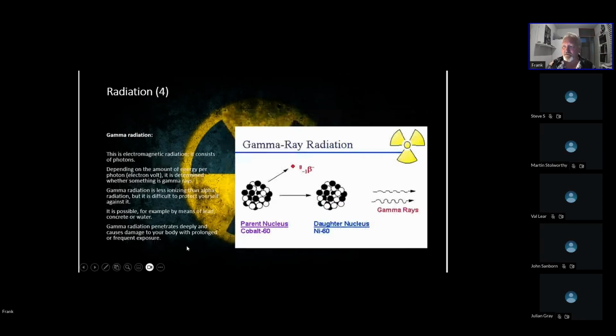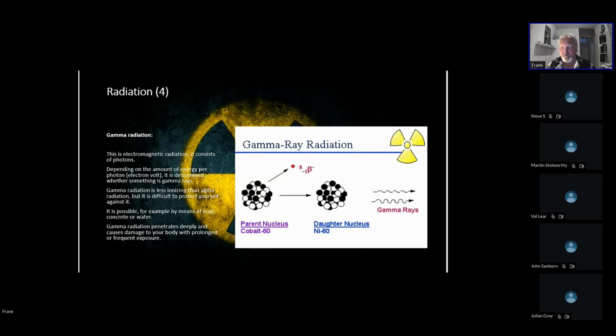And the nastiest one of them all is gamma radiation, which is electromagnetic radiation, and it consists of photons. Depending on the amount of energy per photon, or electron volt, it is determined whether something is gamma rays. Gamma radiation is less ionizing than alpha radiation, but it is difficult to protect yourself against it.